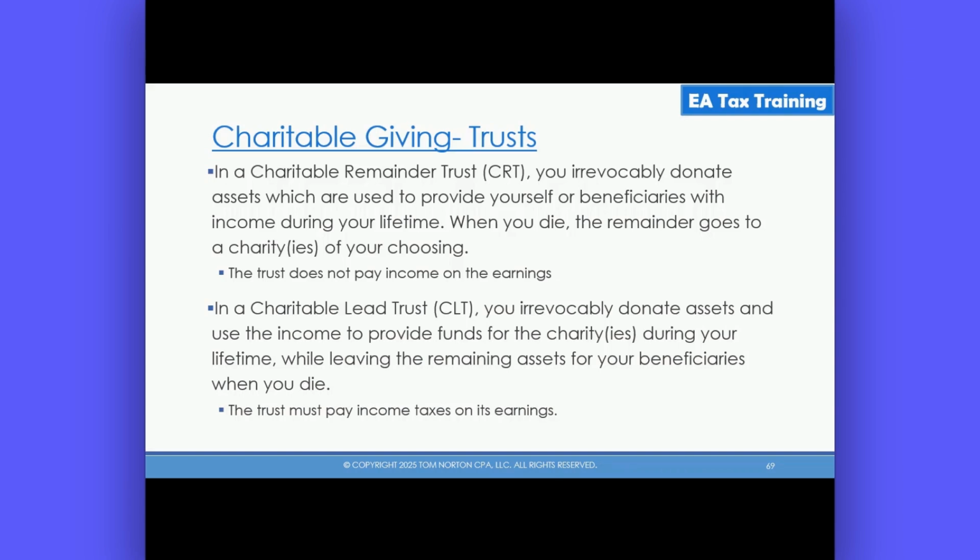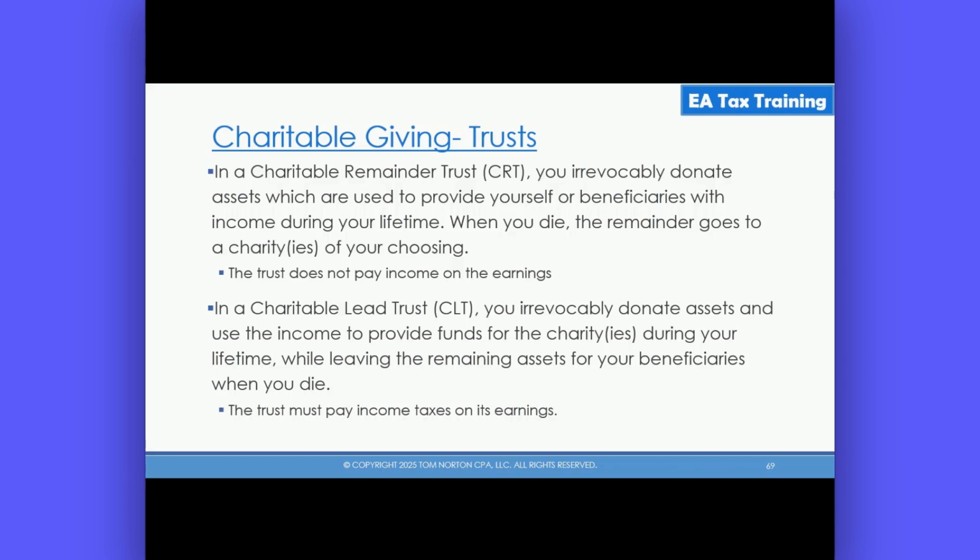And then after you die, the stocks do not go to the charity, the stocks go to your beneficiaries. So with the charitable remainder trust, you get the income, and when you die, the charity gets the stocks. With the charitable lead trust, the charity gets the income, and when you die, the stocks go to your beneficiaries.